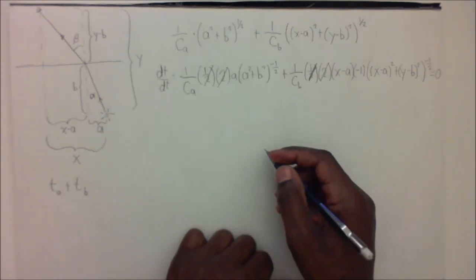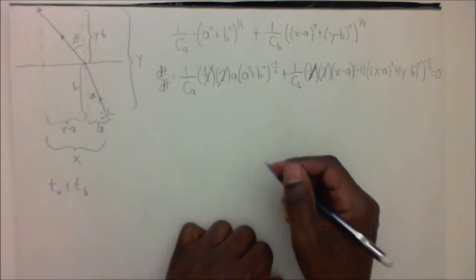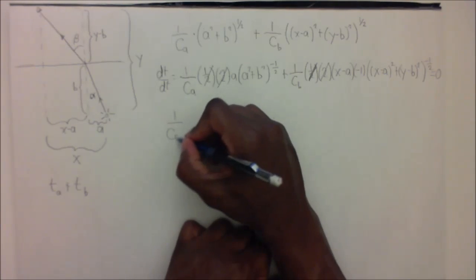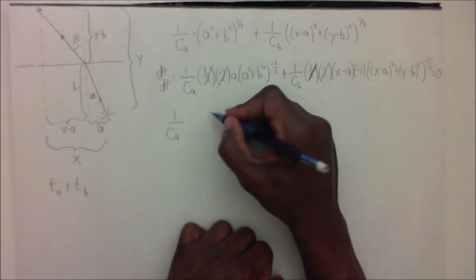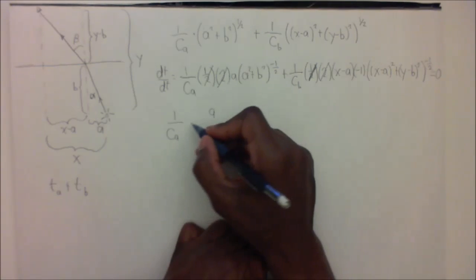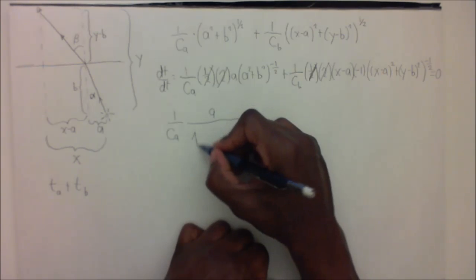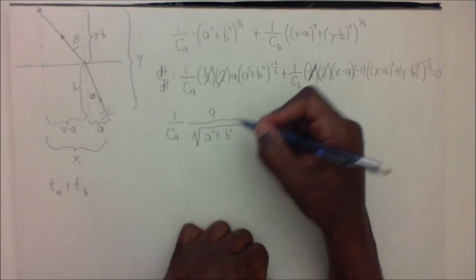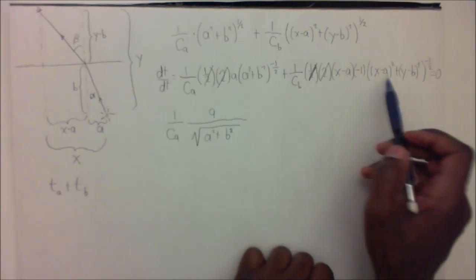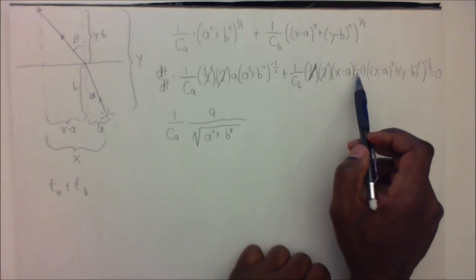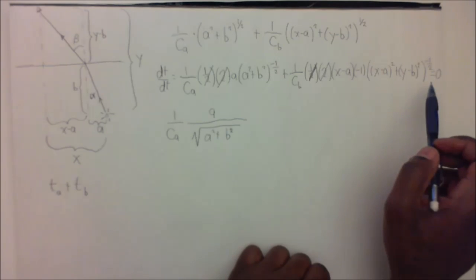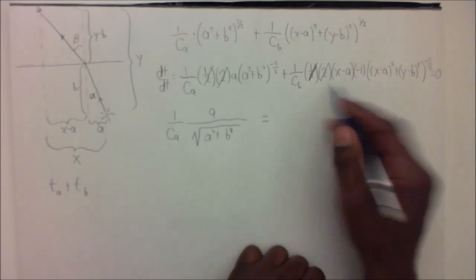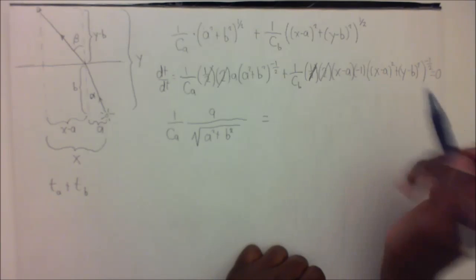And so what we will get now is 1 over c sub a times a, divided by the square root of a squared plus b squared. And since the other term is negative, I can simply put the whole thing on the other side of the equation and get rid of the negative 1.